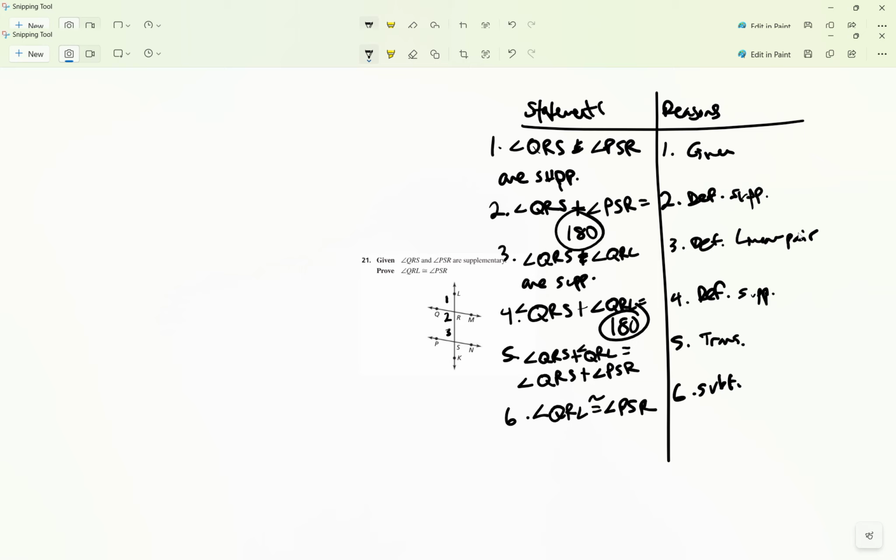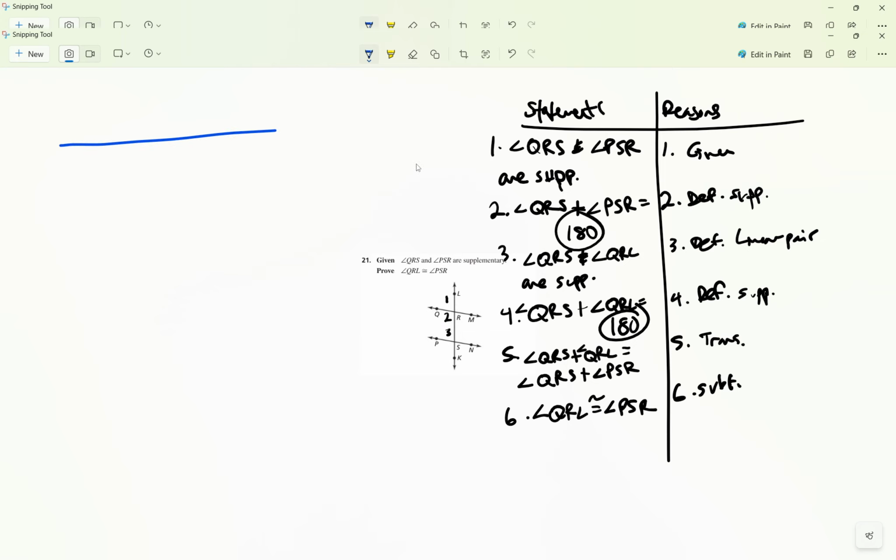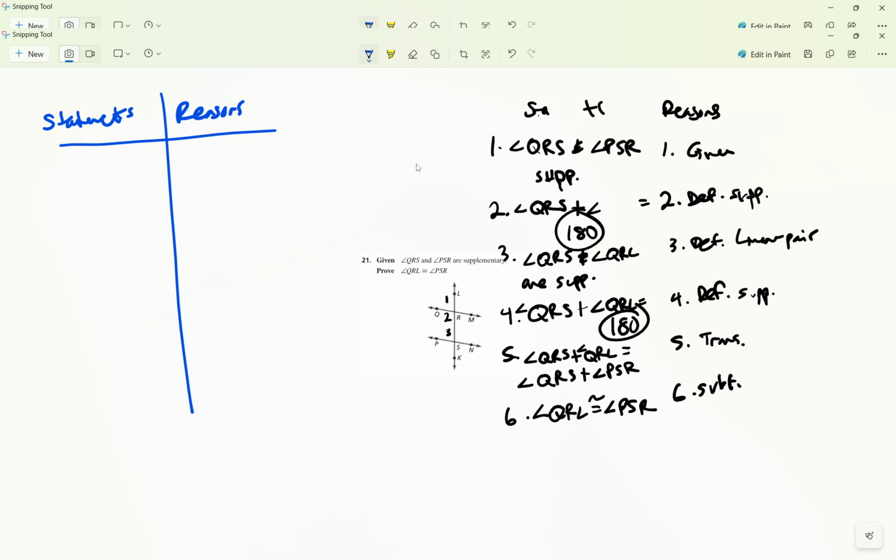So here we go, guys. Here's how we're going to shortcut the whole thing. Okay? Let's go back. We have this. I'm going to show you guys the alternate universe where we could have been more elegant mathematically. We have statements, reasons. I don't know. Oh, geez. I need to erase all that stuff.